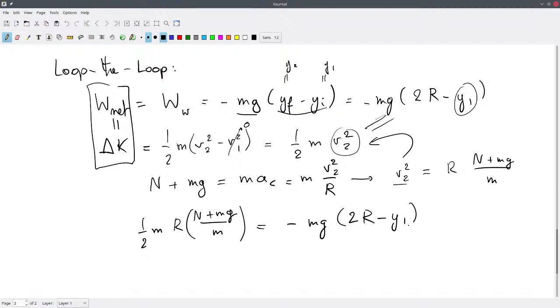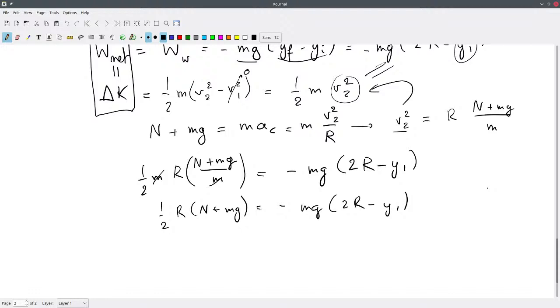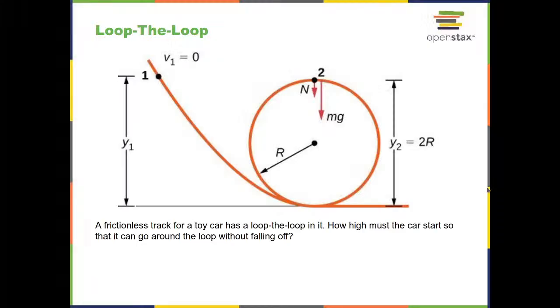And now we can think about what is actually happening here. There's going to be a little bit of simplification first. So 1/2 r n plus mg, because those m's drop out here, is minus mg 2r minus y1. Remember what I said: at the point when the normal force becomes 0, that is when the marble will fall away from the track.